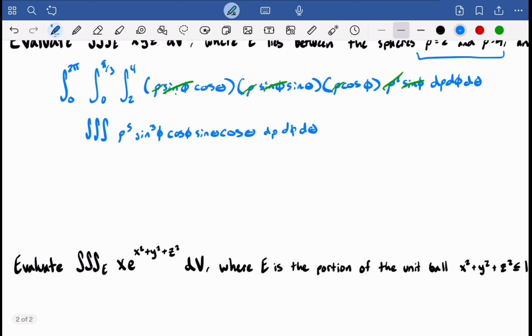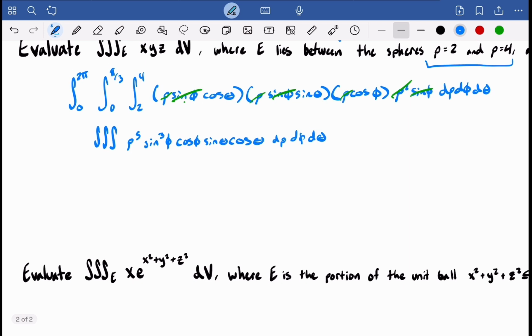So now from this, we're going to separate the integrals, and we're going to do the theta first, from 0 to 2 pi, of sine of theta cosine of theta d theta.